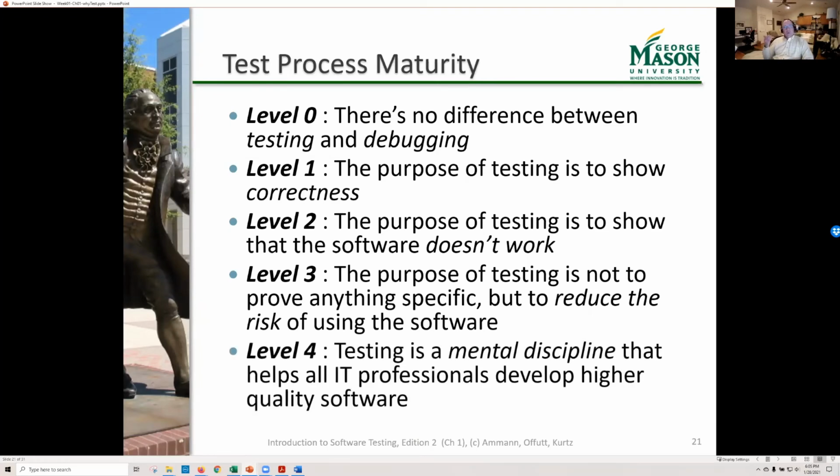So we can also abstract that a little further into level 4. In level 4 thinking, we're really talking about testing as a mental discipline, right? Software testing needs to be part of the way that we're doing business. And in level 4, we're trying to make this a lot less adversarial.